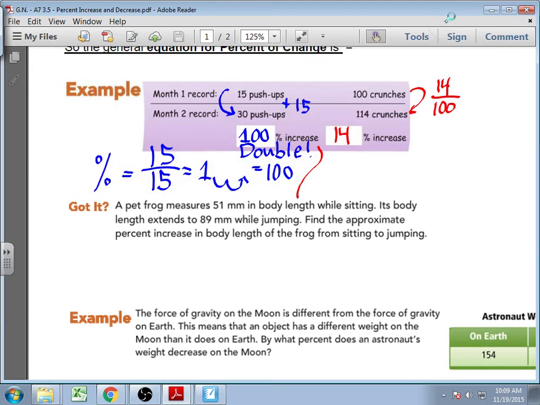Olivia? I didn't do that, but I still got the same answer. What'd you do? The original was 100, so I did 114 divided by 100, and I got 1.14. And then you just take off. Okay. So Olivia did 114 divided by 100. Here's the thing though. You took new value divided by old.